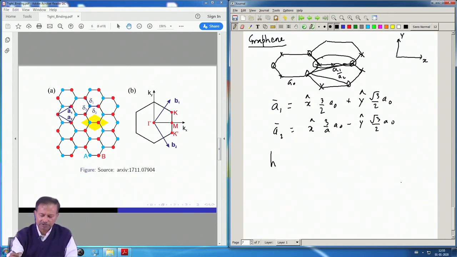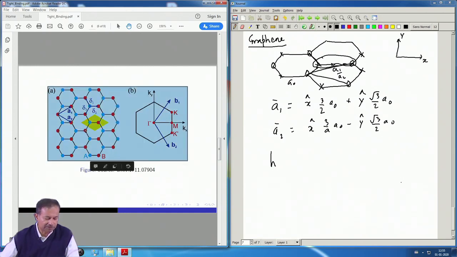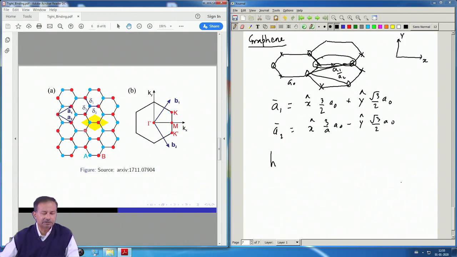Remember this hopping t1 was within the unit cell, between the blue and the red, and t2 is between two different unit cells, but that distance is the same as this one. So if you look at this blue to red in the same unit cell, the hopping is the same as that blue and this red in a different unit cell.